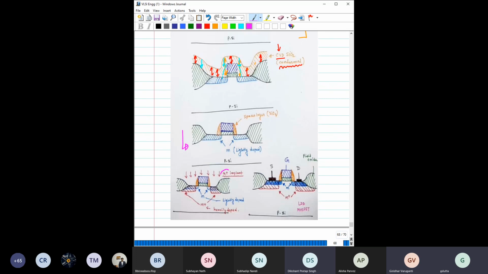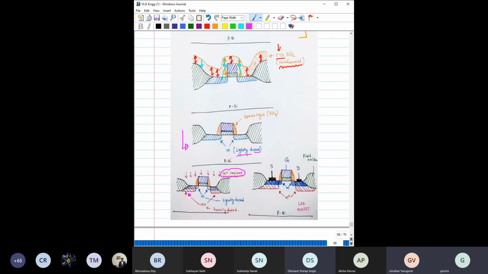Now you do the N plus implant. Earlier when we doped these two regions, we doped them lightly. Now we are doping heavily, but in this region the dopant will be prevented by this much thick oxide on this side, and relatively thin oxide on this side.